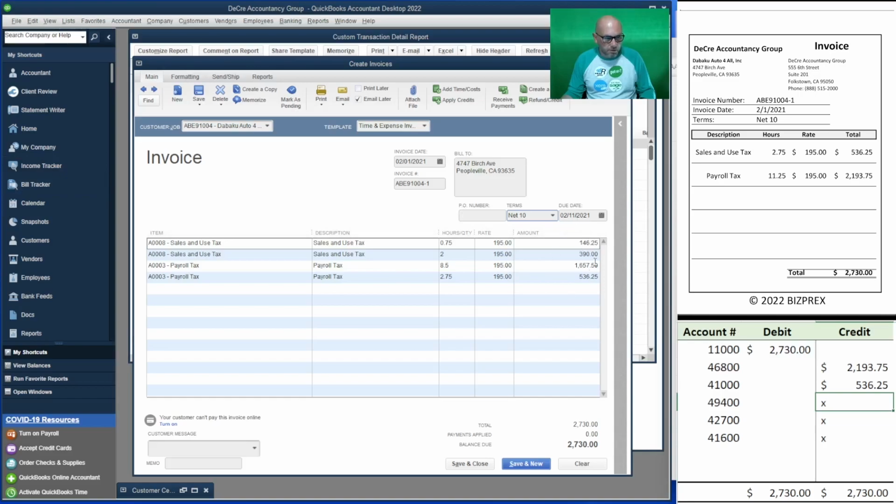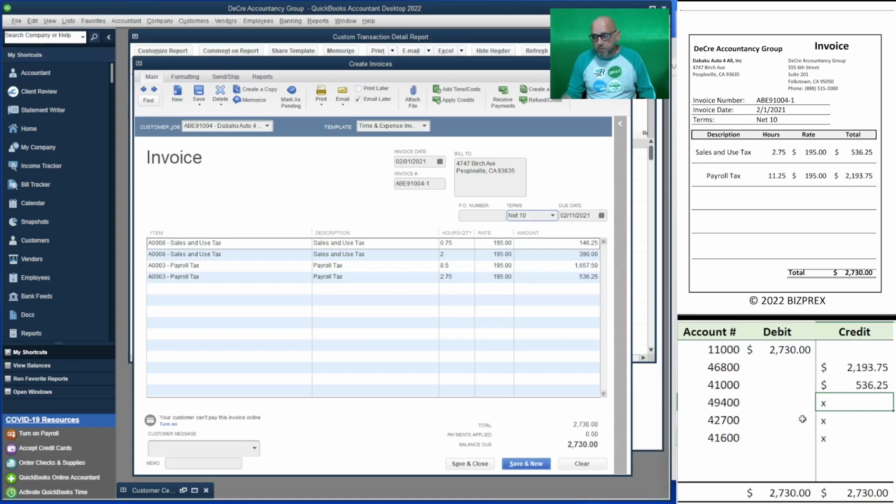And these two amounts, as you saw, that's the payroll. They add up to 2,193.75. Those are credits to account 46,800 through mapping associated with these items. Again, that's part of the setup. And then 41,000 is credited for 536. That's the sum of our sales tax.